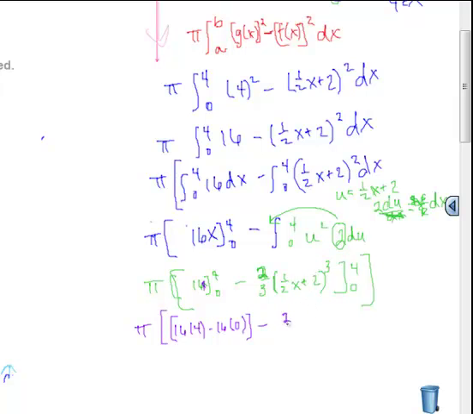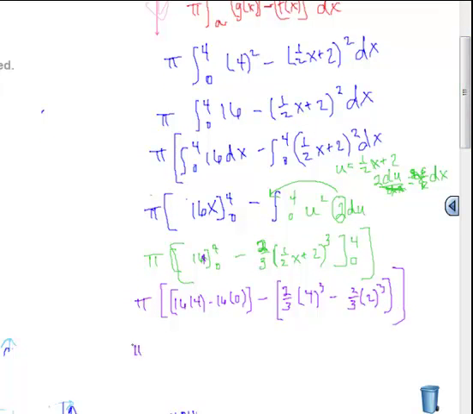So you're going to get 2/3, this is all together as well, 2/3, 1/2 times 4, so I'm just going to write 2 plus 2, which is 4 to the third, minus 2/3, and then when you plug in your 0, you're going to get 0 plus 2, so 2 to the third. Okay, so there's the fundamental theorem at work right there.